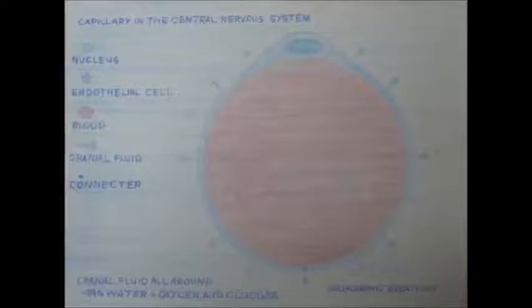Here we have it as a cross section. So we've got the blood and the water coming out and the different nutrients coming out. So that's how the cranial fluid is created in the brain.